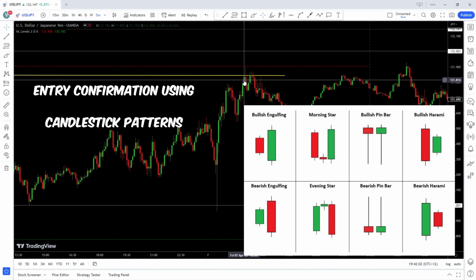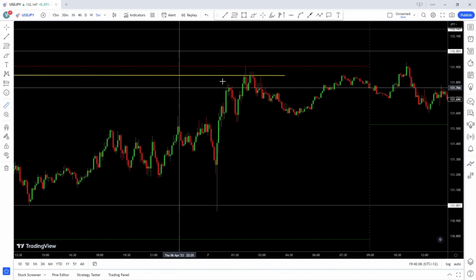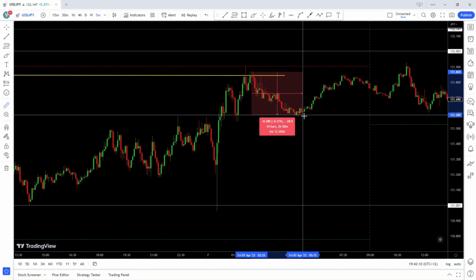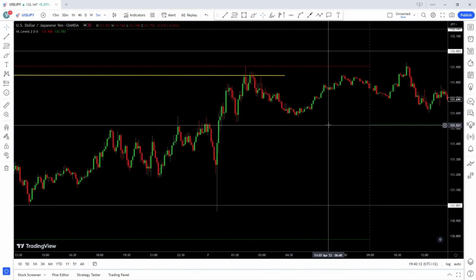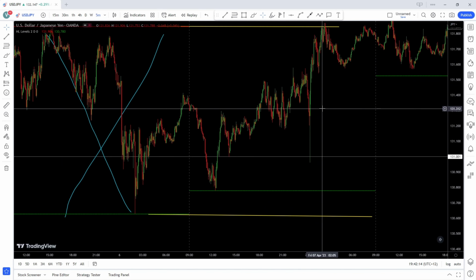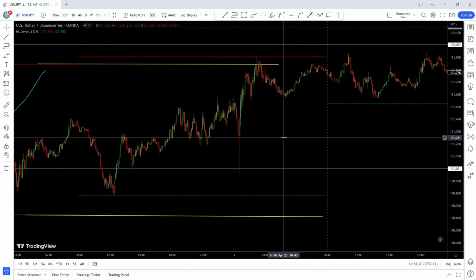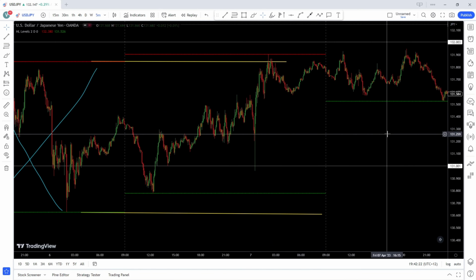You can see here a nice hammer pin bar, and then you'd probably want to enter here, and you can see a nice 30 pip move back inside of the box. So the box meaning the high of the day and the low of the day, they come back inside the box. So it's pretty simple.